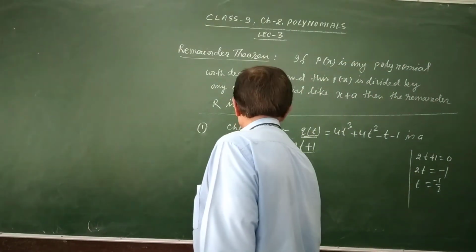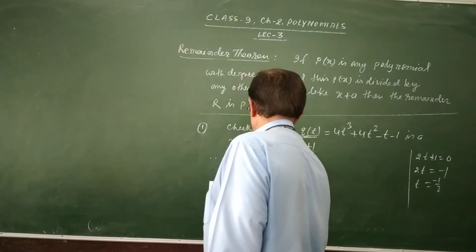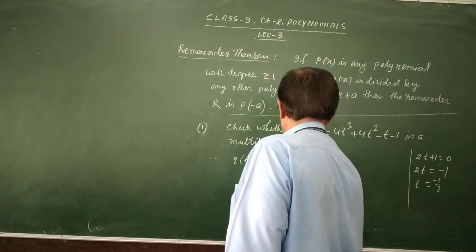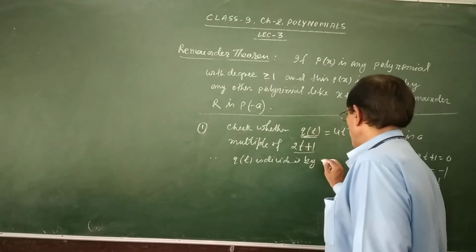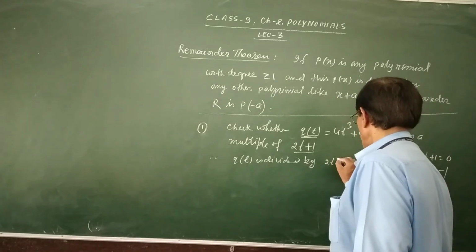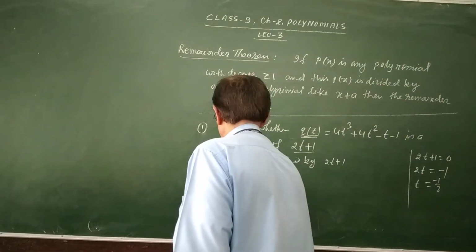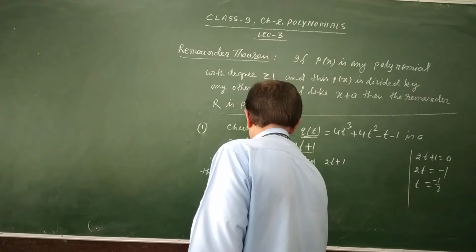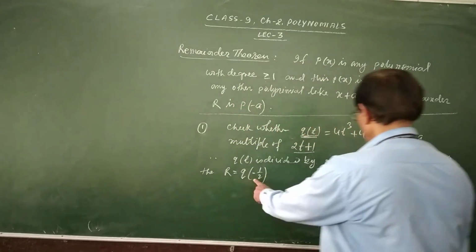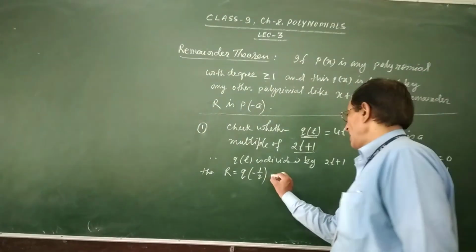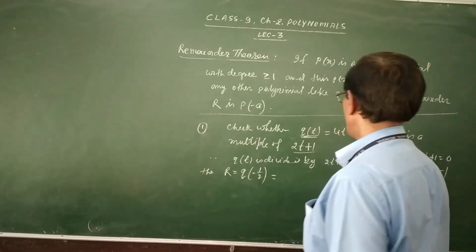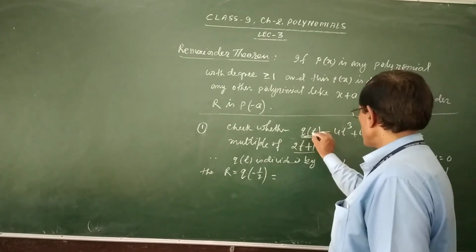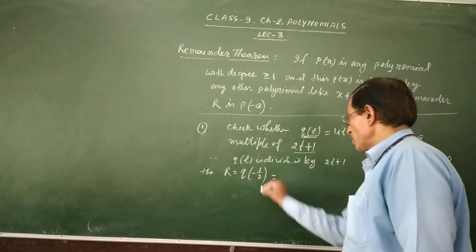So since q(t) is divided by 2t plus 1, the remainder r is equal to q of minus 1 by 2. Q of minus 1 by 2 is the remainder, and how do we find it? q(t) is this, so in place of t we put minus 1 by 2.